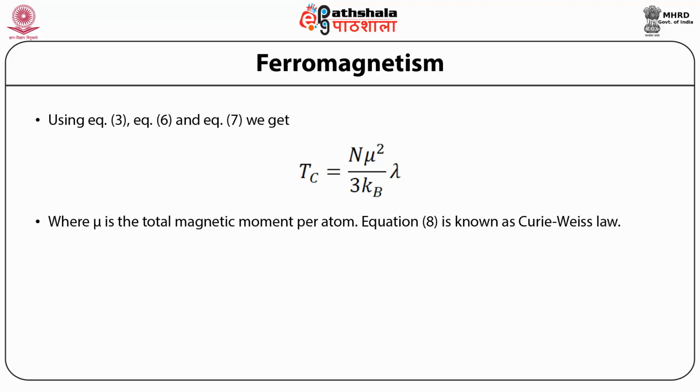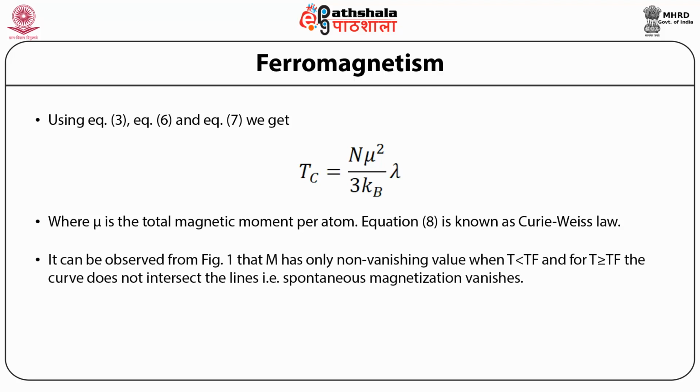Susceptibility is again temperature dependent. It is also observed from figure 1 that M has a non-vanishing value only when T is less than T_C, which is linked with the spontaneous magnetization. So for spontaneous magnetization, T must be less than T_C.